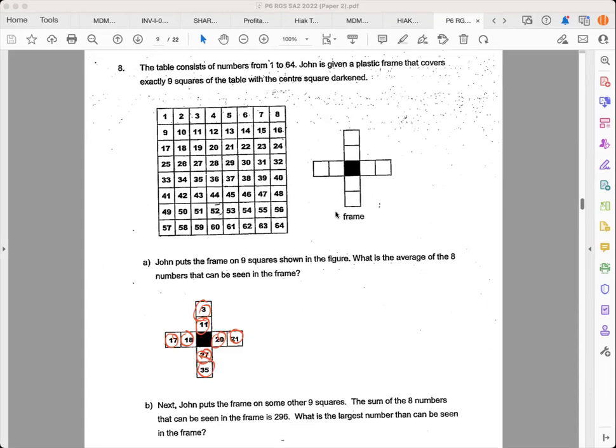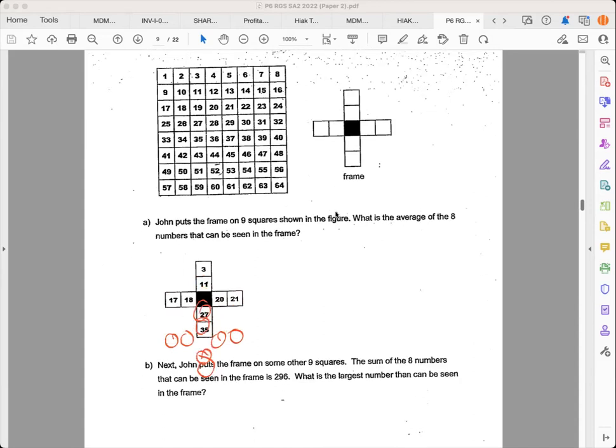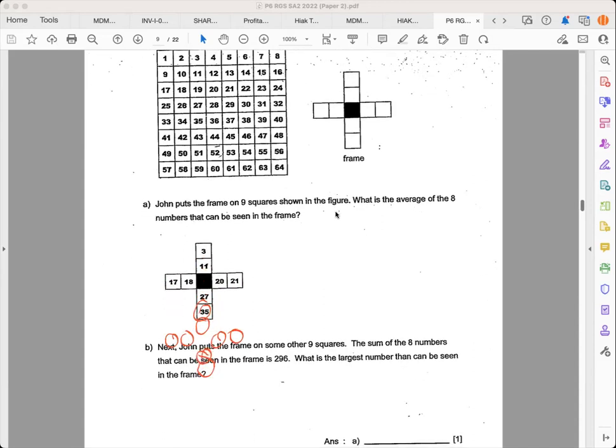So let's add up the 8 numbers. 3 plus 11 plus 17 plus 18 plus 20 plus 21 plus 27 plus 35, and that gives you 152. Average will be 152 divided by 8, which is 19.